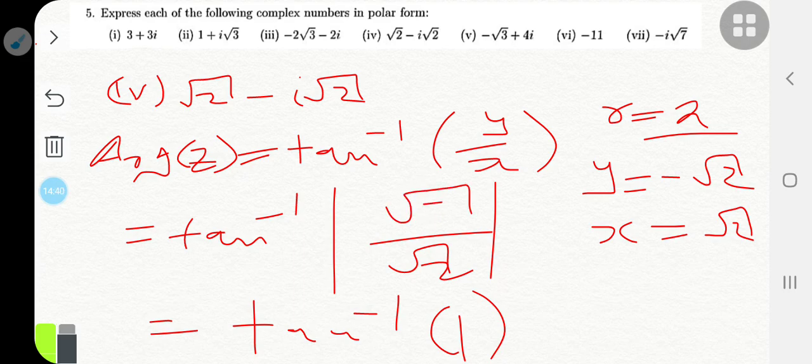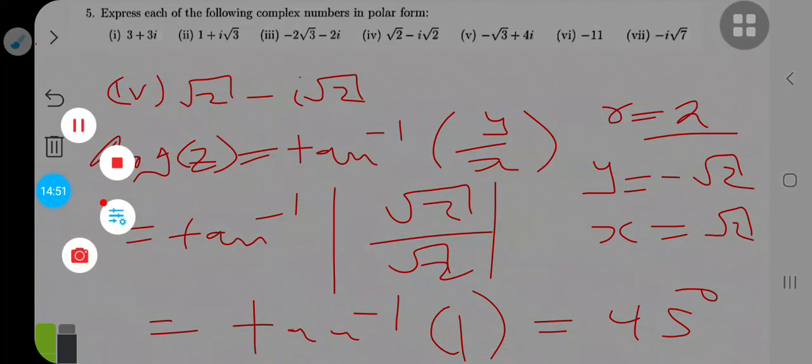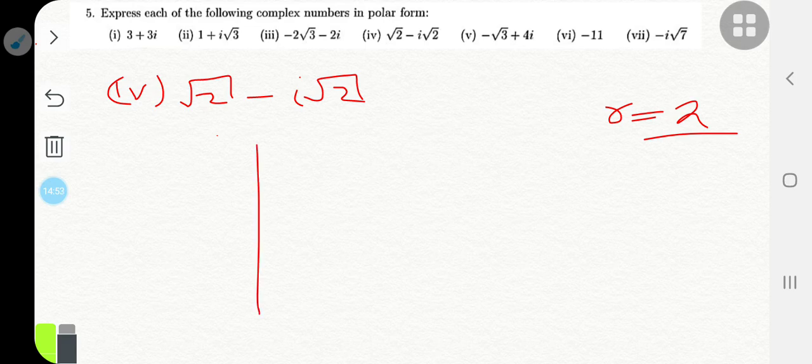And we know that the tan inverse of 1 is 45 degrees.